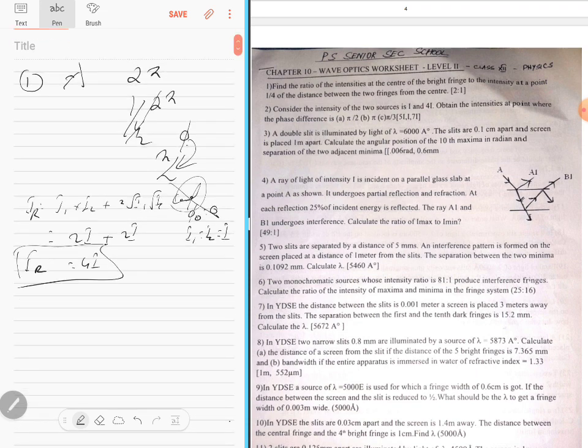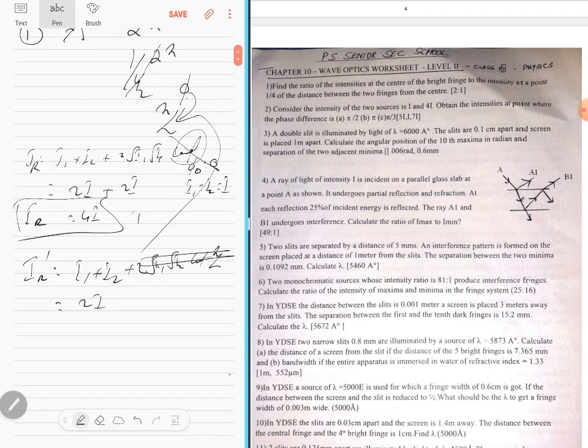And now the resultant at a point where the phase difference is pi by 2 is again I1 plus I2 plus 2 root I1 root I2 cos 90. Cos 90 itself is 0. So what you get is I1 plus I2, which is 2I. You already know I is equal to I resultant by 4, from the first equation.